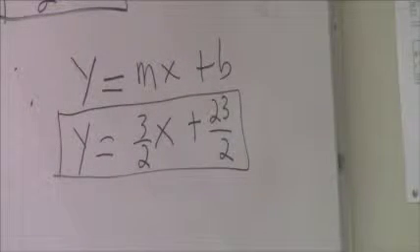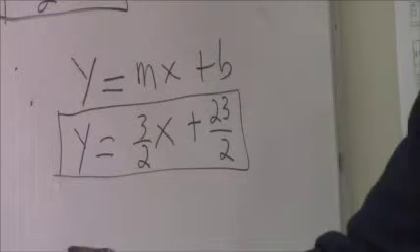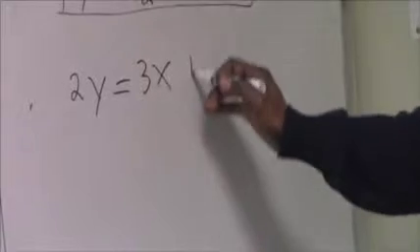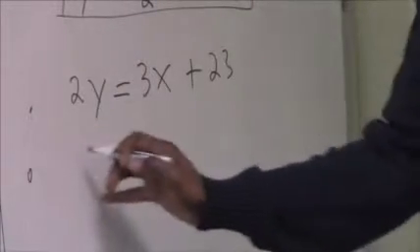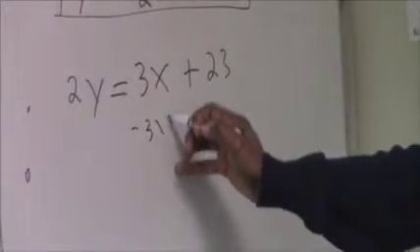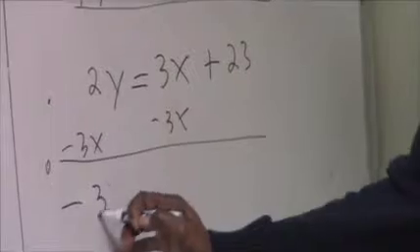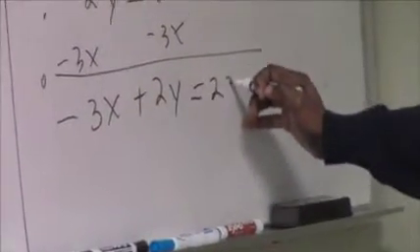I can put this in standard form. Multiply everything here by 2. I can have 2y equals 3x plus 23. I can move the x across and have minus 3x from here, minus 3x from here. I can have negative 3x plus 2y equals 23.